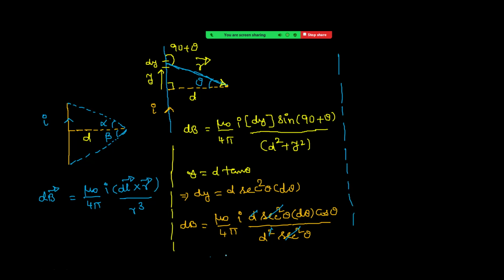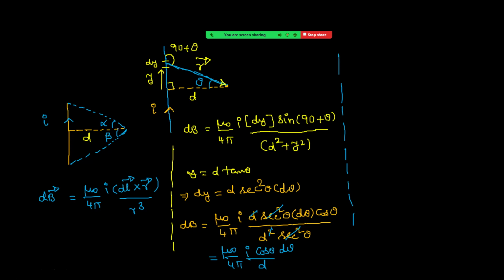So dB value is mu naught upon 4 pi, I into what else is left, cos theta d theta upon d. This is because of that small element. Like this, we have to take all elements.